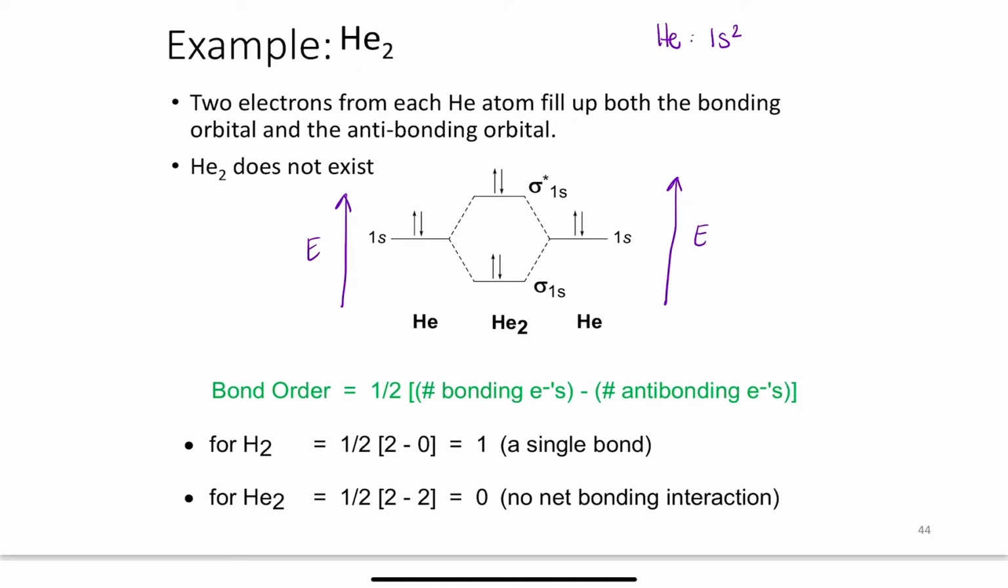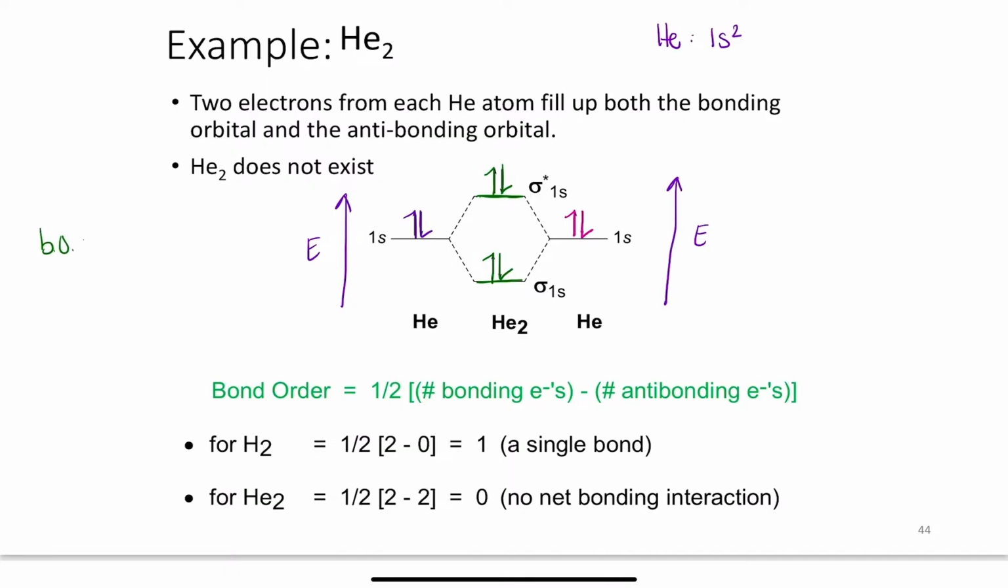So each helium has 2 electrons. 2 orbitals in, 2 orbitals out. I get my sigma and my sigma star. I have 4 electrons total. Each one can hold 2. 1, 2, 3, 4. Both my bonding and my antibonding are filled up.